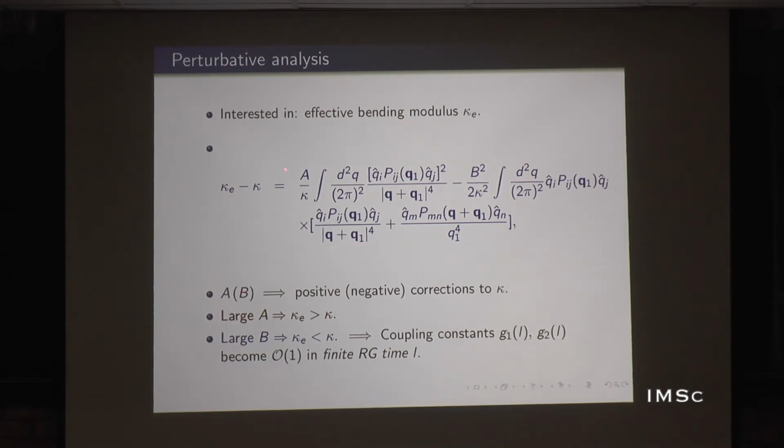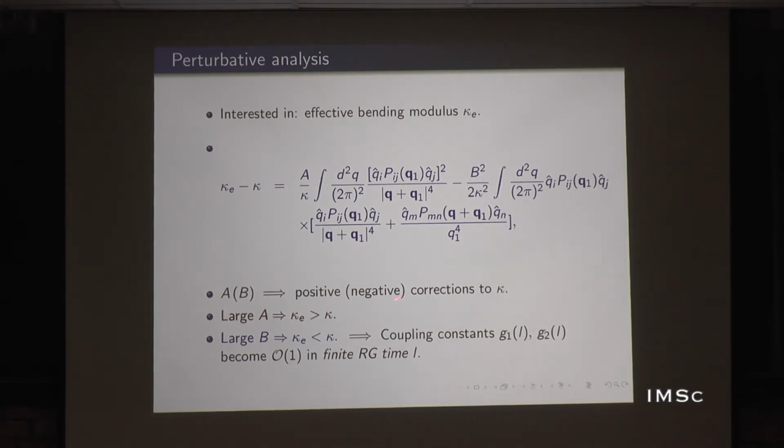So, the positive definite part comes with the factor of A that exists even for a symmetric membrane. So, if this part dominates, then the effective bend modulus will be bigger than what you start with. If the second term dominates, then the effective bend modulus will slowly come down. In fact, if this is too large, then this can actually vanish somewhere.